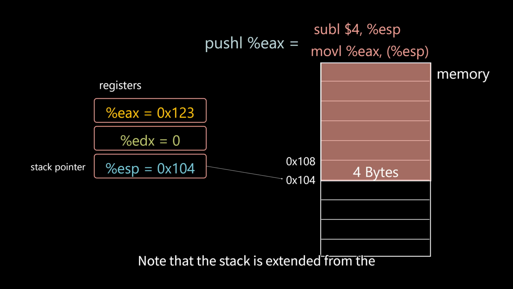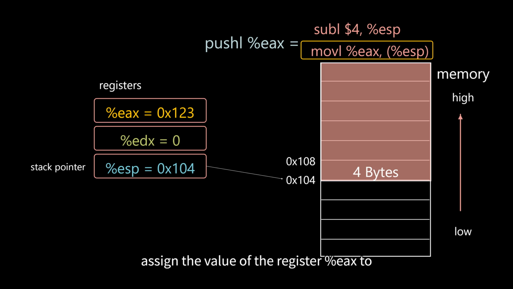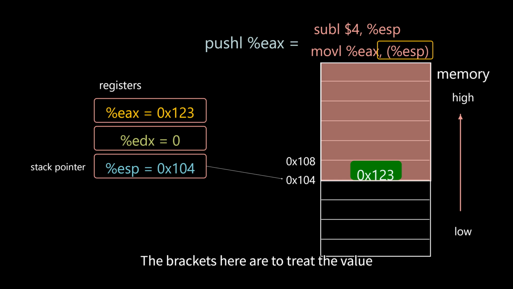Note that the stack extends from high addresses to low addresses. Then in the second line, assign the value of the register EAX to the memory address pointed to by the stack pointer ESP. The parentheses here treat the value in the register as a memory address and find the corresponding value according to the address.